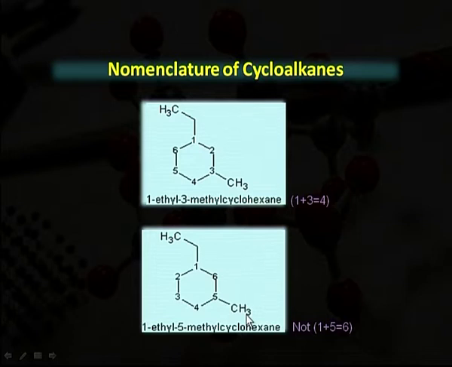So the name would be 1-ethyl, that is CH2CH3, and 5-methylcyclohexane, but according to the numbering rule, this is the false nomenclature, because it has carbon 1 and carbon 5. The sum of carbon 1 and carbon 5 is 6, which is greater than in the other structure, because that structure follows the rule of lowest numbers. So, this is the most appropriate structure as per the IUPAC nomenclature.